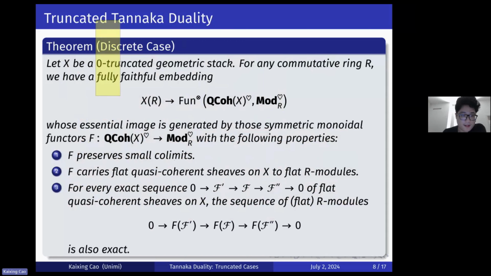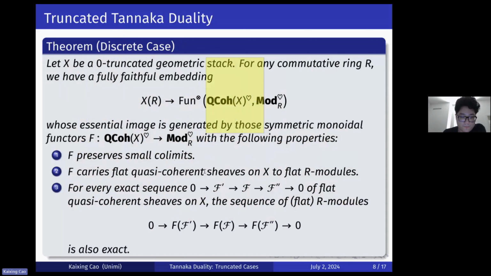I mean, this statement is the zero truncated case, but usually the truncation trick can apply to an arbitrary truncation. It means that we may generalize this theorem to the untruncated geometric stack to study some untruncated structure on the quasi-coherent category.